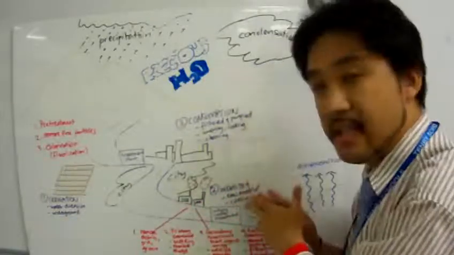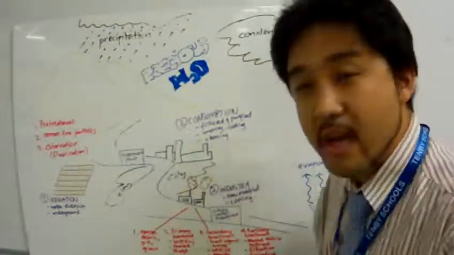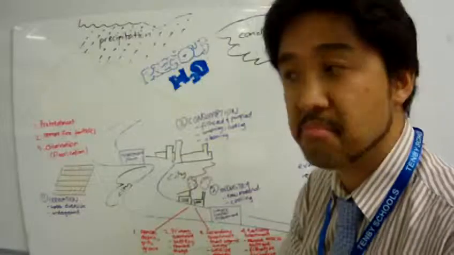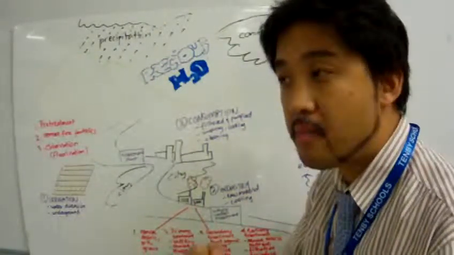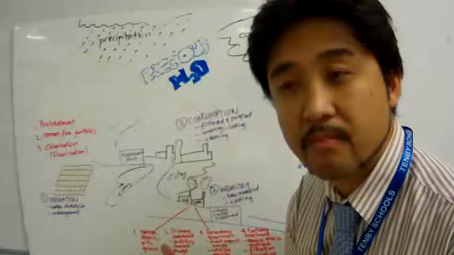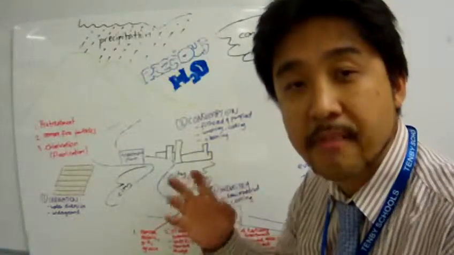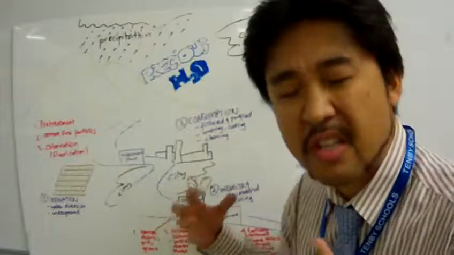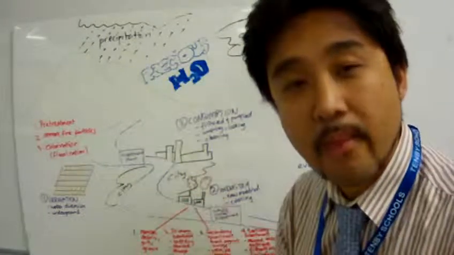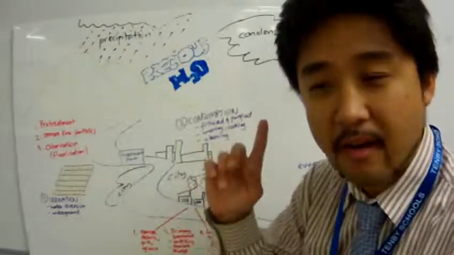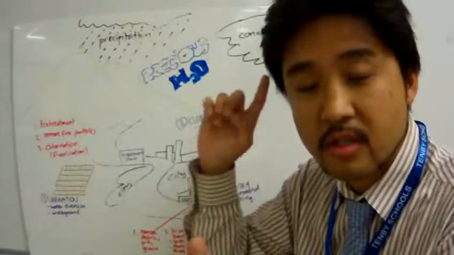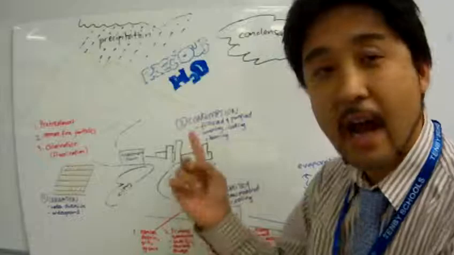It gets used by industry, where it's used as a raw material, like making Coke, right? It needs water. When you buy Campbell's can of soup, it has water, but it was condensed. And more importantly, water gets used a lot for cooling when the factories build our cars and iPhones.